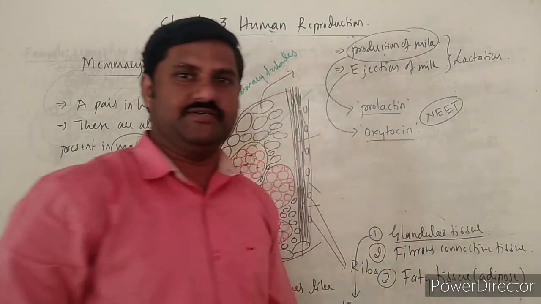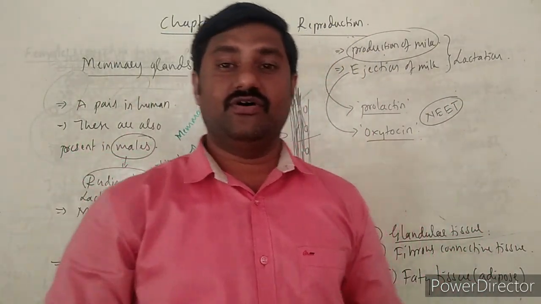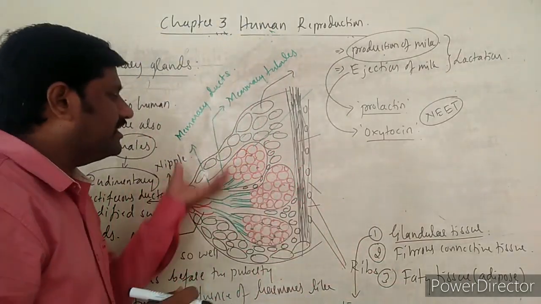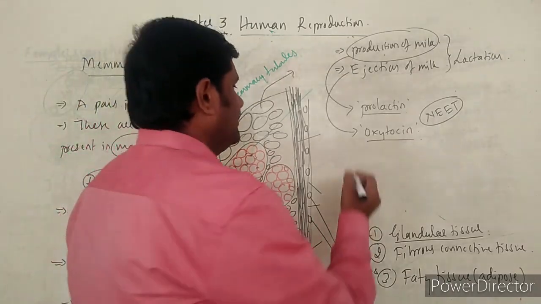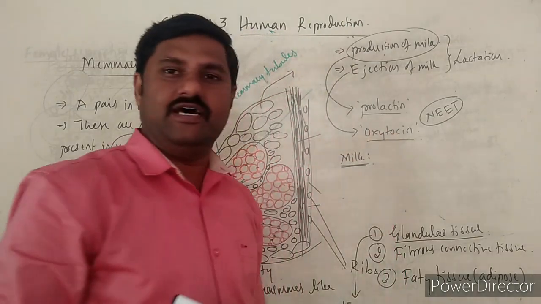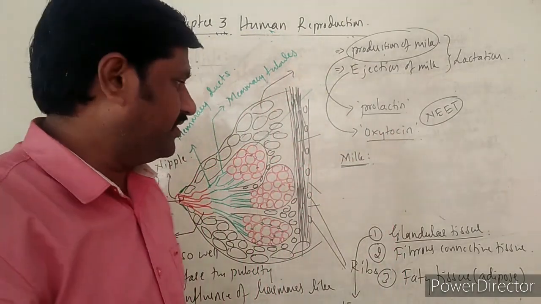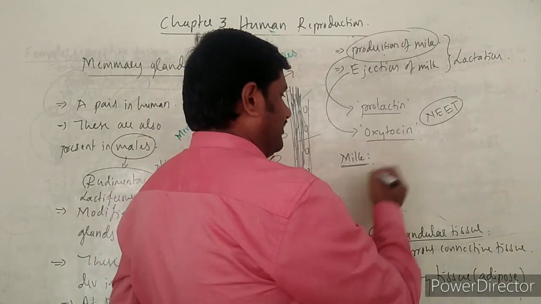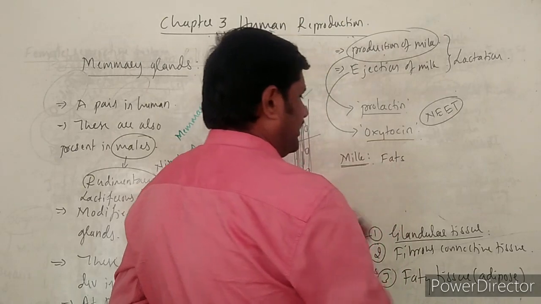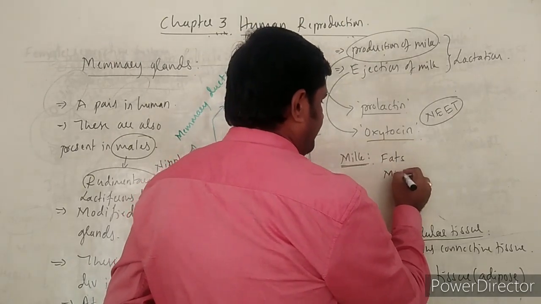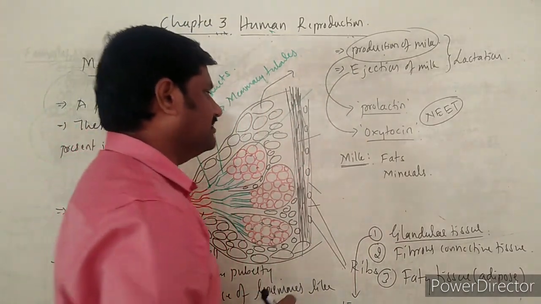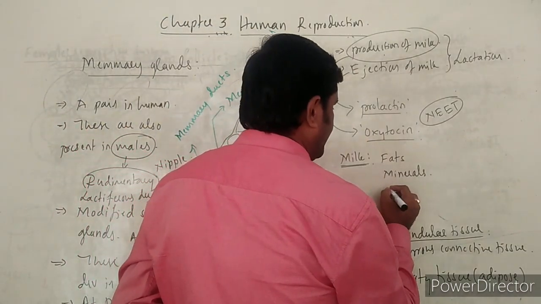Very important point. Now come to the next thing. What is produced in the mammary glands is milk. So what is the composition of the milk present in the mammary glands of the human being? The first point is that it contains a little bit of fats, and it also contains minerals like sodium and potassium.